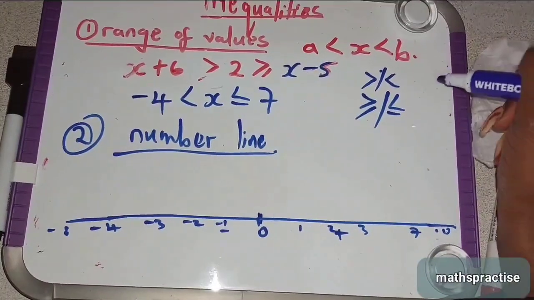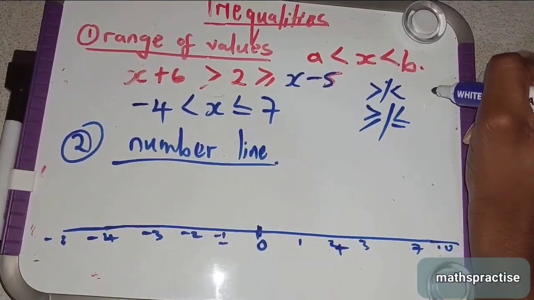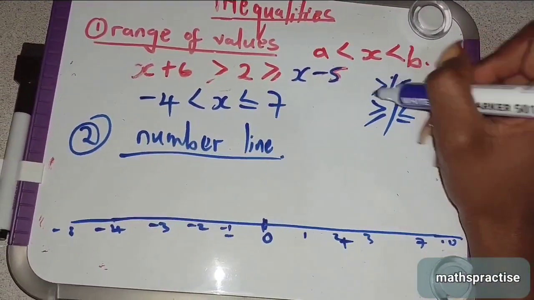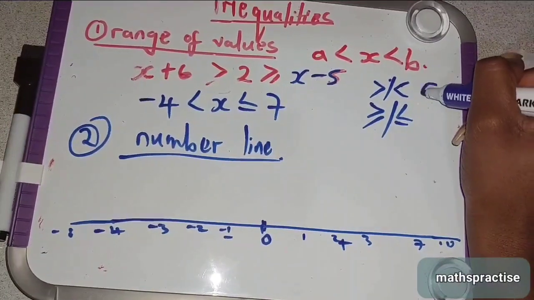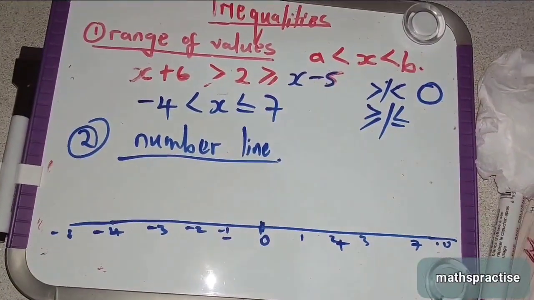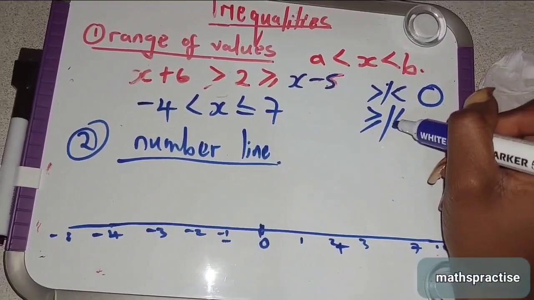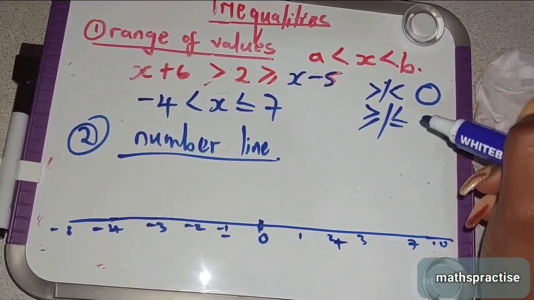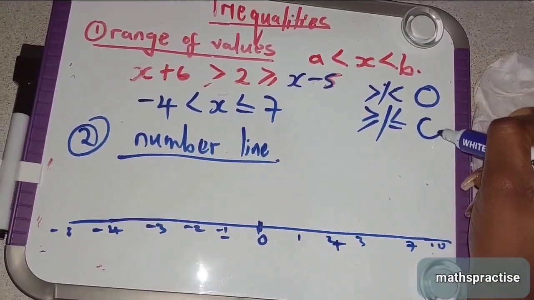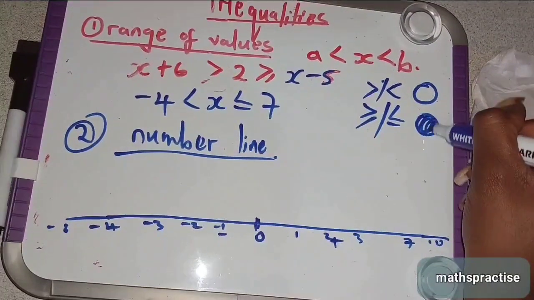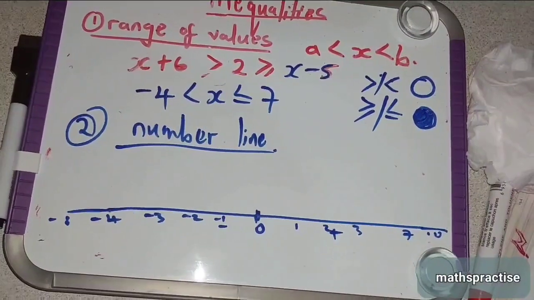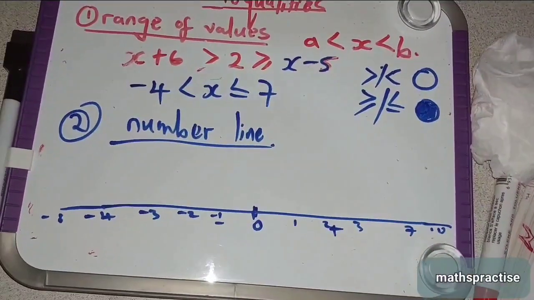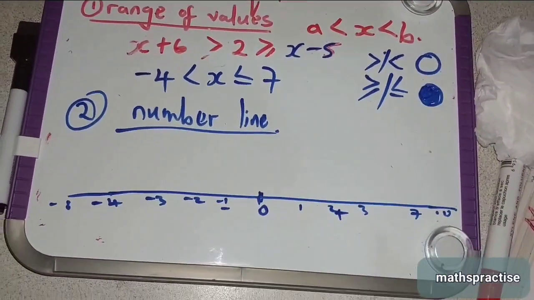On a number line, these two signs, greater than and less than, are represented by a circle that is plain inside. And these two signs, greater than or equal to, less than or equal to, are represented by a circle that is shaded inside. That's the main thing that you have to understand.